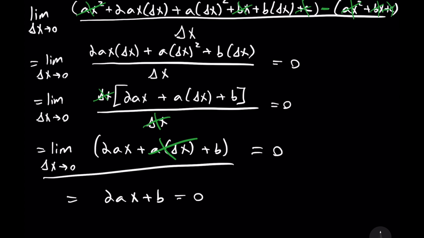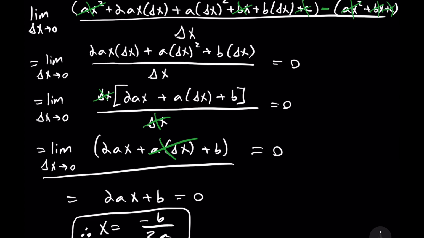So again, we'll solve for x. So x is equal to negative b over 2a, and that is indeed the x-coordinate of our vertex. And we can do it through calculus.